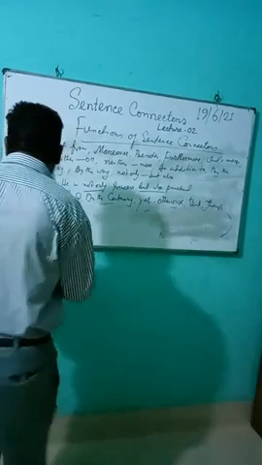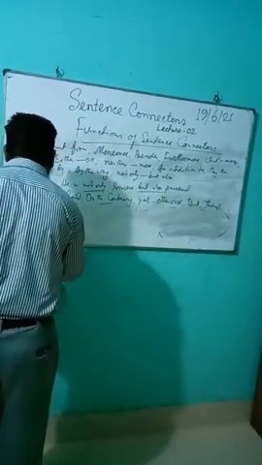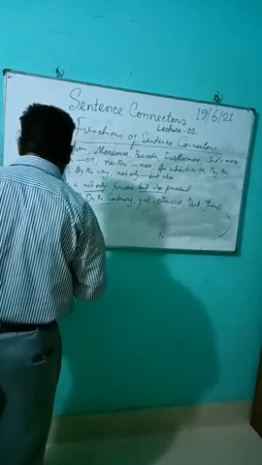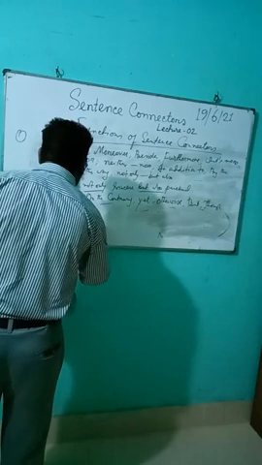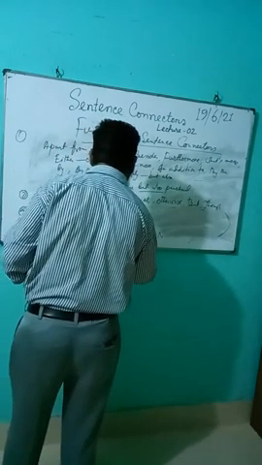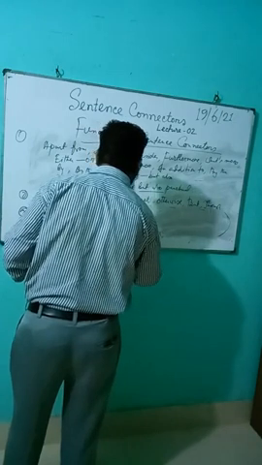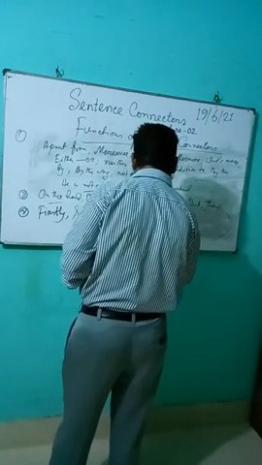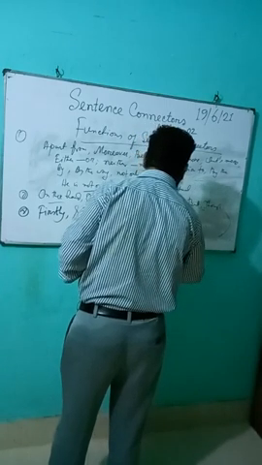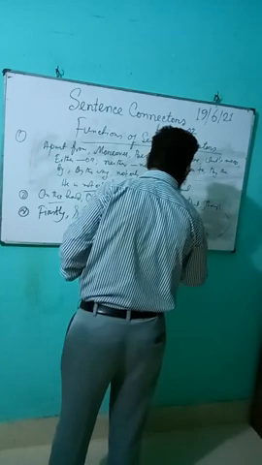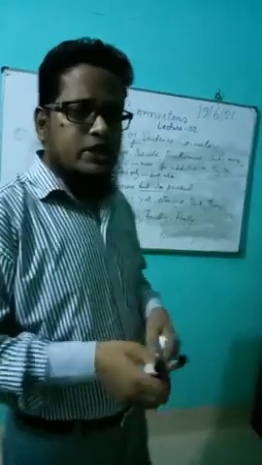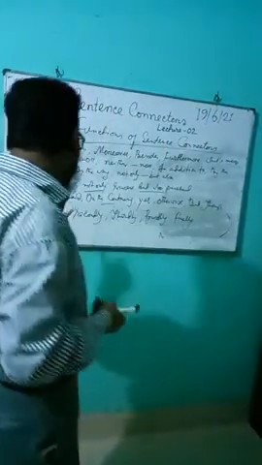These are firstly, secondly, thirdly, fourthly, and finally. So we can see that there are some connectors which are used to express chronological order.